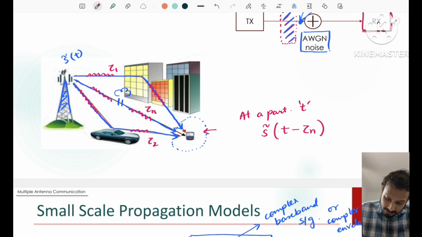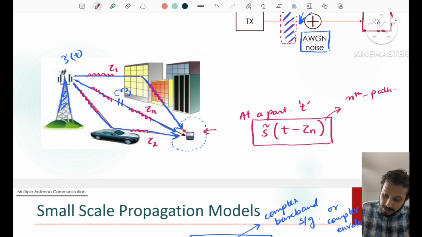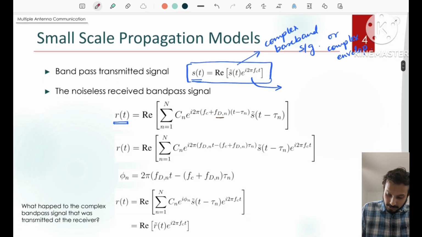So we can write the signal as s tilde(t minus tau n). This implies for the nth path, the signal has a propagation delay of tau n. So this is what we get, s tilde(t minus tau n).